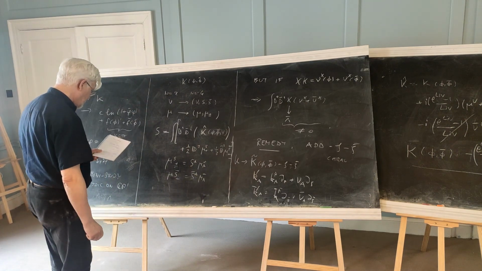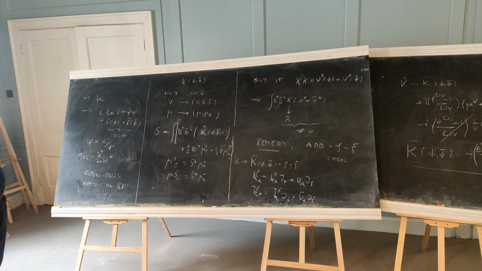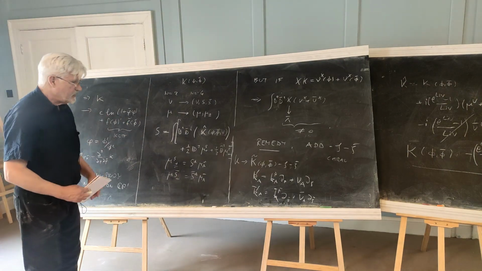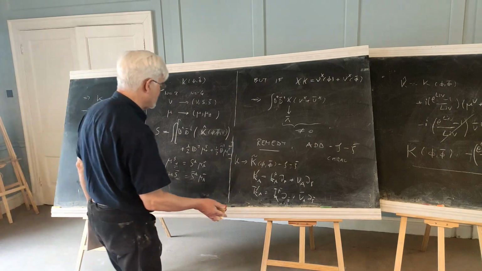So very similar. And what we have to do to find the quotient now is not just integrate out V, but we also have to integrate out the scalar fields S and S bar.